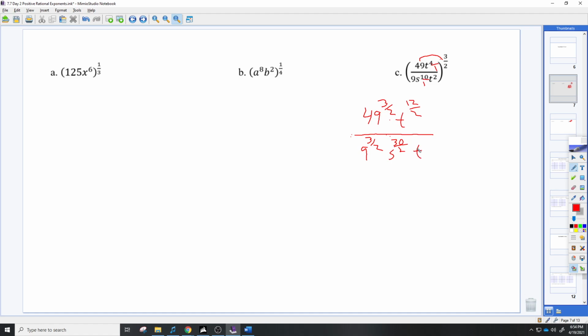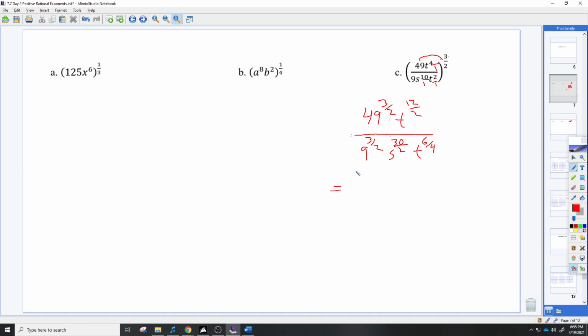And then we have another t here. We have 2 over 1. So 2 times 3 is 6. 2 and 2 gives you 4. I don't know if you noticed, but since we have t's up here, we could have actually subtracted first. But that's okay. We can do it later.